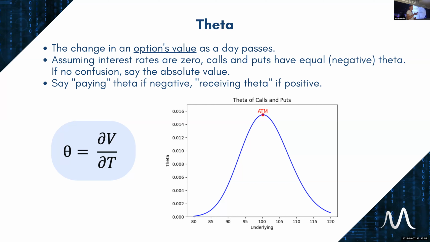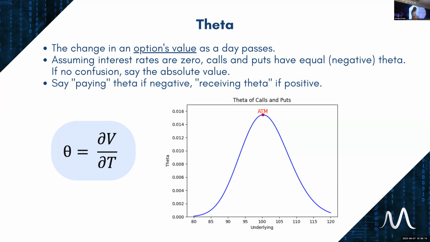The price will decrease as you approach expiry. Usually you know that calls and puts have negative theta, so we just say the absolute value. A call would have a theta of like 0.3, but that's actually negative 0.3, right?